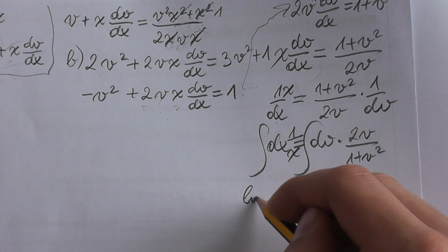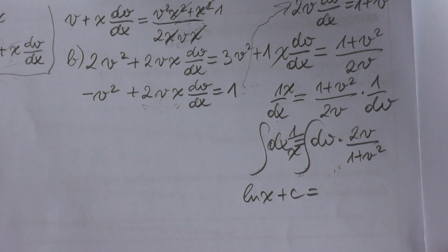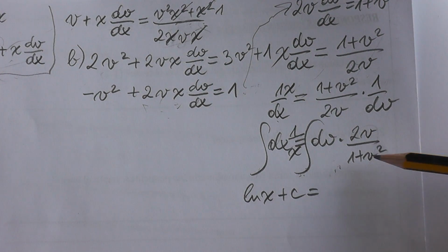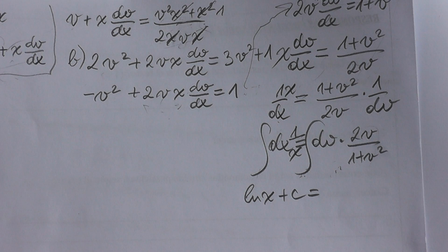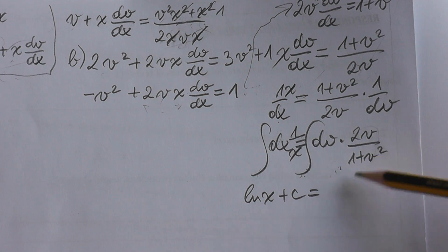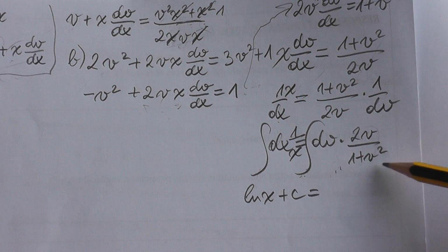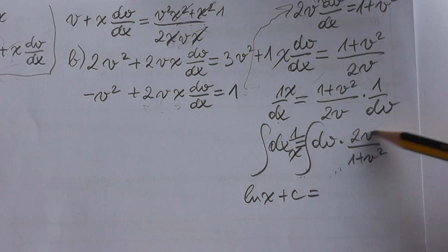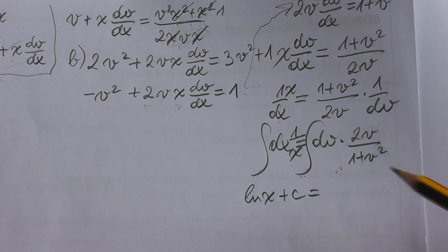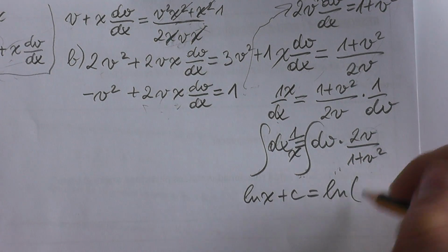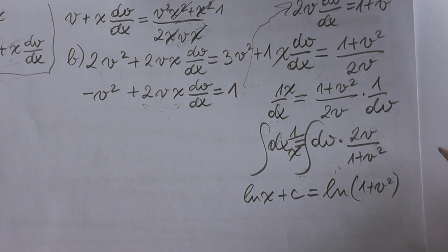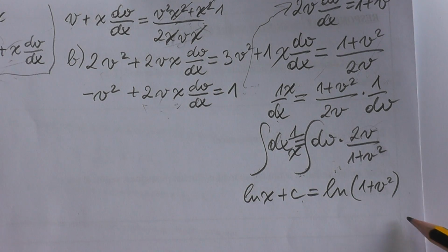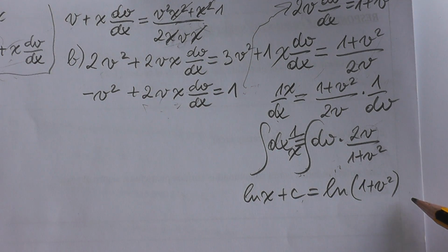So that becomes ln x plus c is equal to, now we have to take the integral of this. You have to use substitution of u is equal to 1 plus v squared, and then the derivative of that will be 2v, which will cancel out with this 2v, and then you will be left with ln of 1 plus v squared, right? We already have our constant, so you don't have to put another one on the other side.